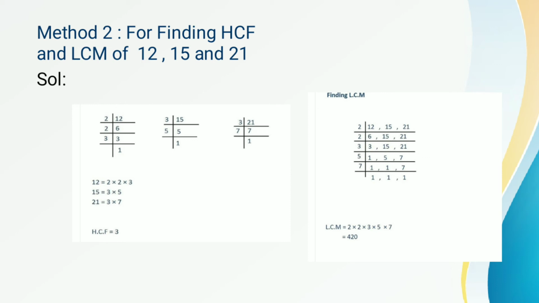For the LCM, we need not go for separate factorization. We can write all the numbers in one column and write all the factors at a time. So the LCM is equal to 2 into 2 into 3 into 5 into 7, which is nothing but 420.